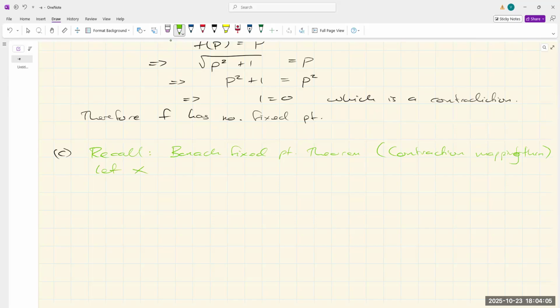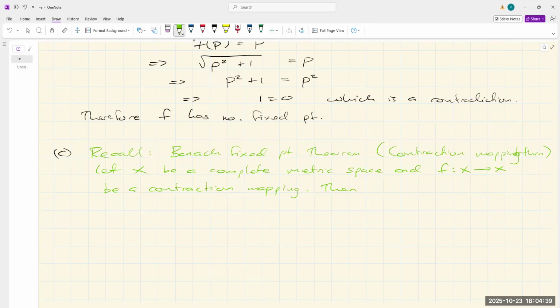So let X be a complete metric space, and we have some function f from X into X, which is a contraction mapping.